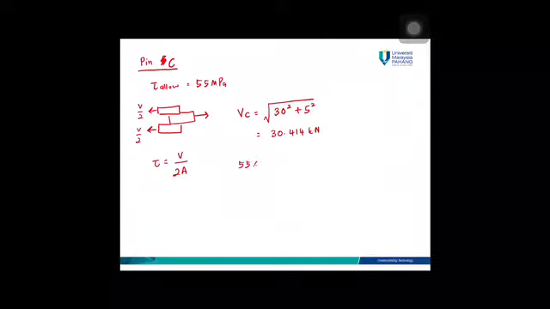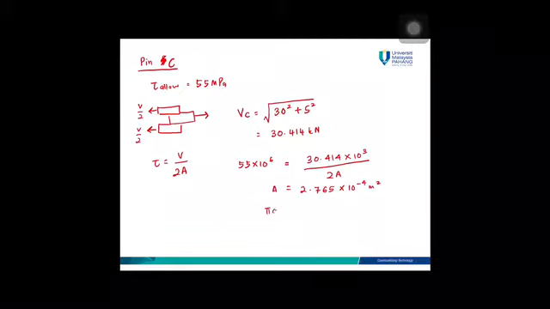Then you have the formula for double shear: tau is equal to V over 2A. Shear allowable is equal to 30.414 times 10 power of 3 divided by 2A. You manipulate the equation, then you will get A is equal to 2.765 times 10 negative 4 meter square.